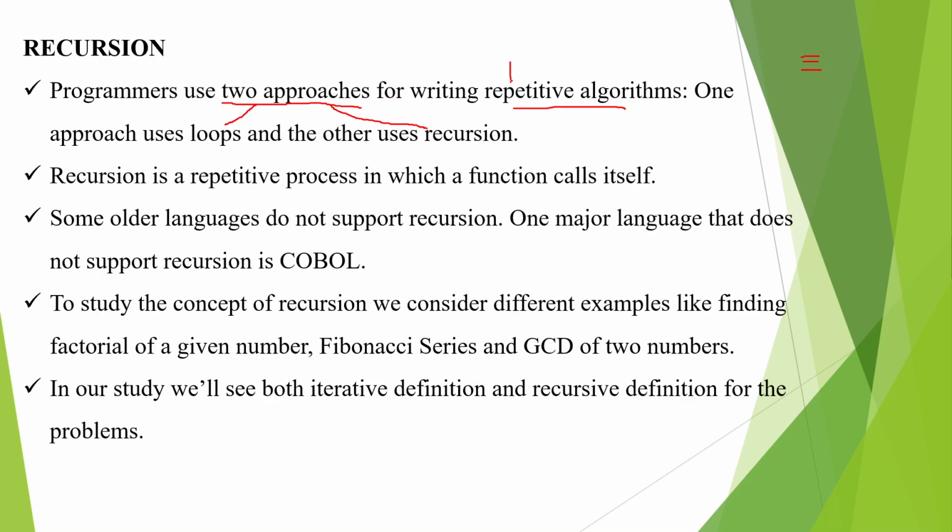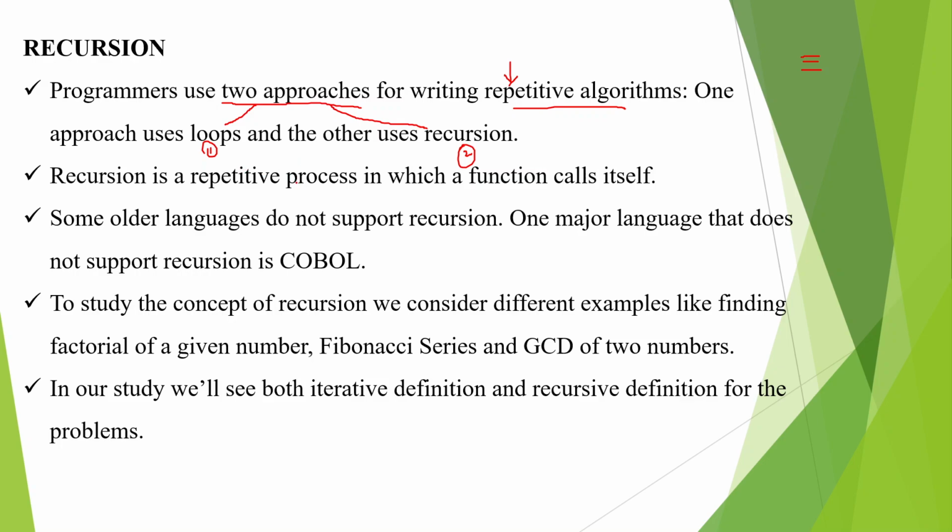For repetitive algorithms, we have these two approaches: loops and recursion. Recursion is a repetitive process where the same set of statements will be executed multiple number of times, like loops.